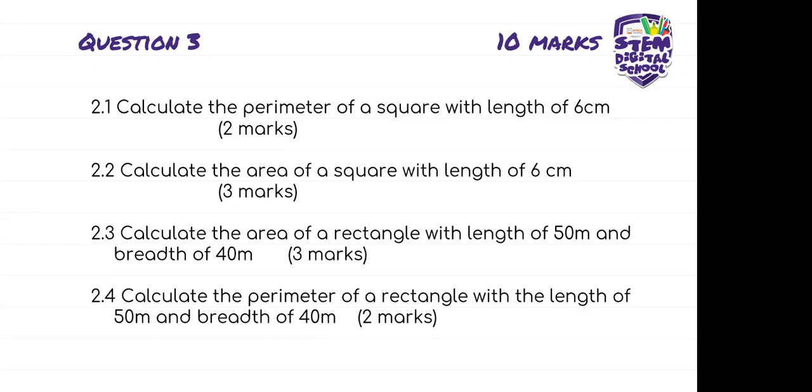So Lesedi also got that right, where you were able to show that when it comes to the perimeter, all that you need to do is just add the sides together.